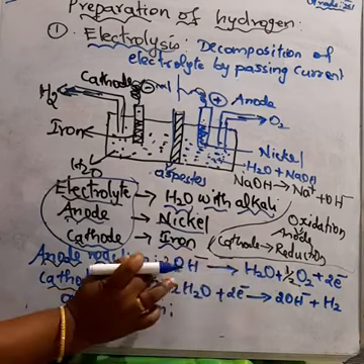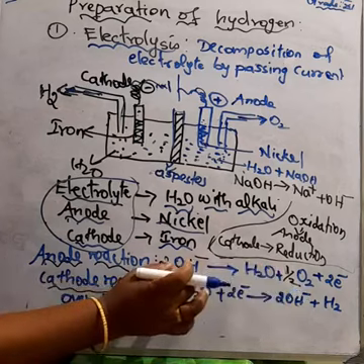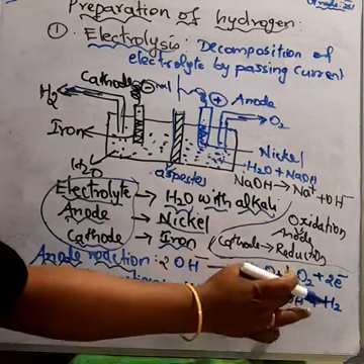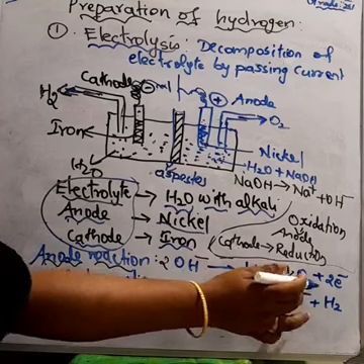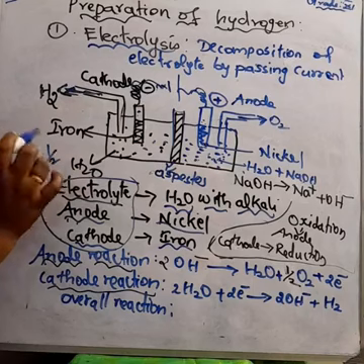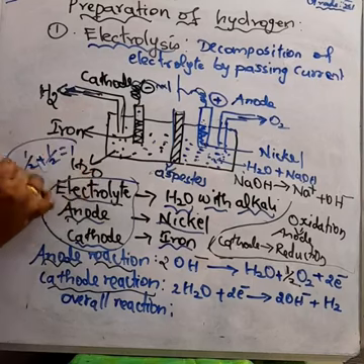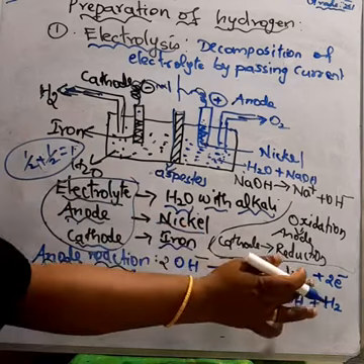Here also 2 hydrogen atoms. Oxygen: here 2 oxygen atoms, and on the other side 1 and another 1, half plus half. Half an oxygen molecule means half an oxygen atom plus half an oxygen atom, so we get 1 atom of oxygen.